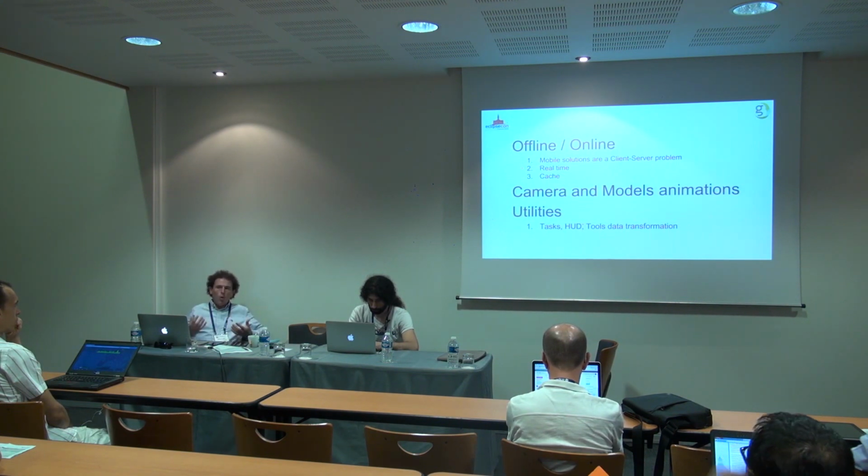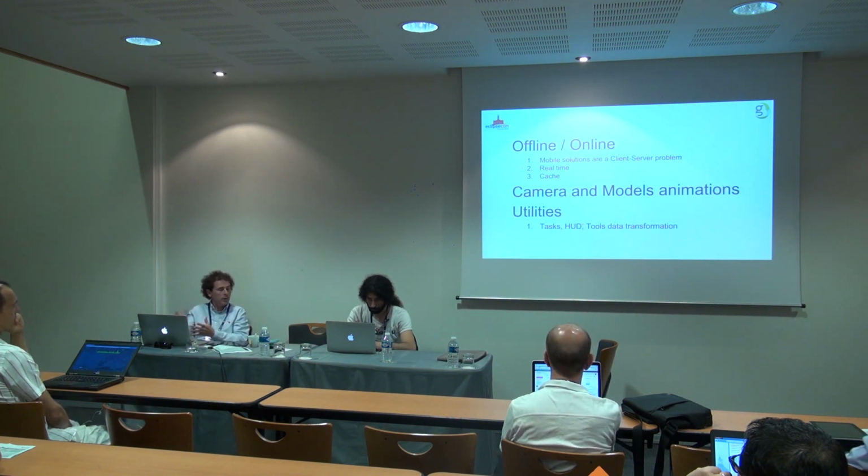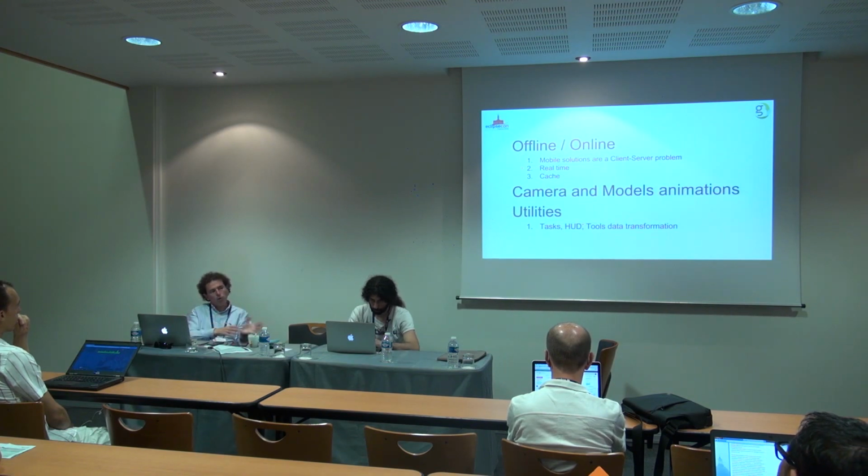Depending on the data, your capabilities, and your requirements, you have to do one thing or another. We have all the things you need to do that. Our data transformation tools allow you to have your data in a very optimized format to go to the mobile.